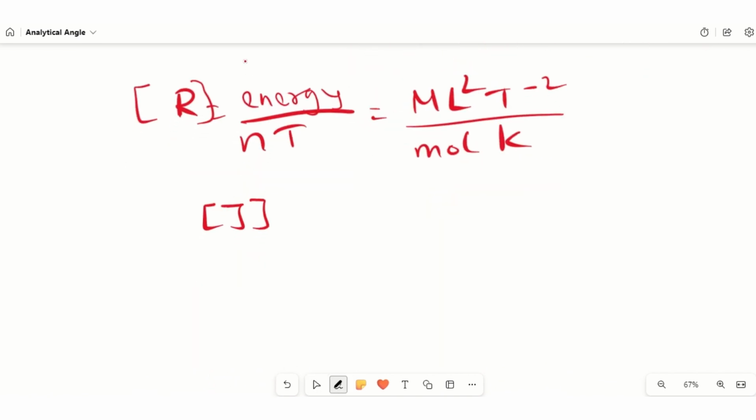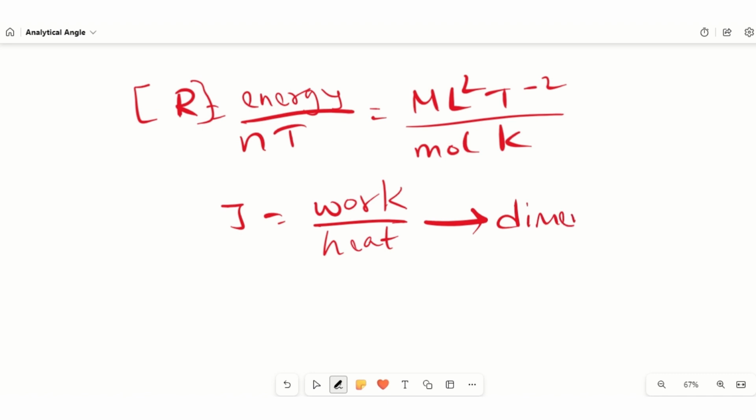So we know that J is work by heat. Now heat is also basically work, so the dimensions of both are equal, so it gets cancelled out and it becomes dimensionless.